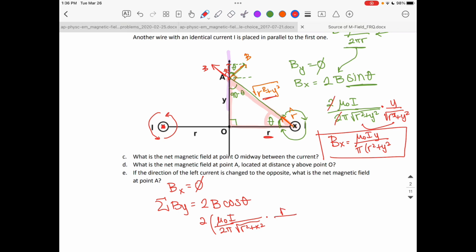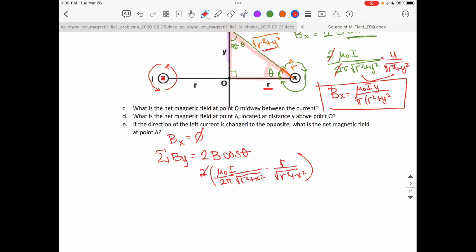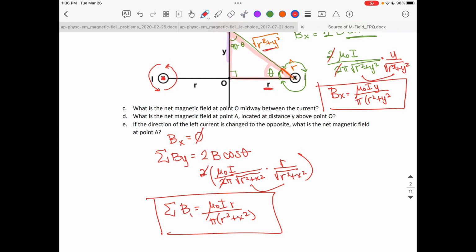So that's r over the square root of r squared plus x squared. And my 2's cancel out. These combine together. My net magnetic field for E is going to be mu naught I r over pi times r squared plus x squared. And this is the y component.